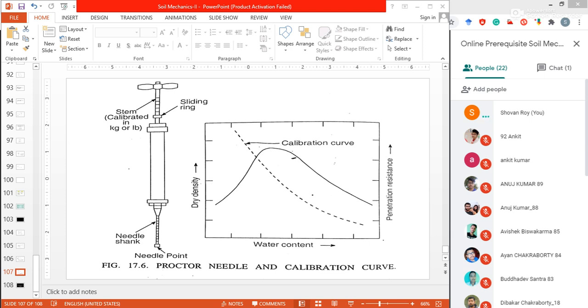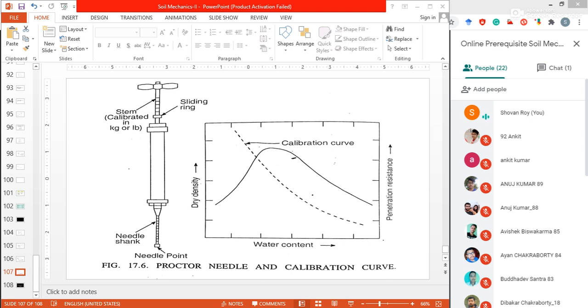A dial gauge is a measuring instrument through which we can measure any displacement, any pressure, or any deflection. So the dial gauge located at the diaphragm reads the water content directly.